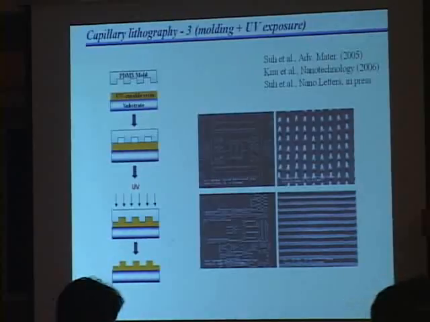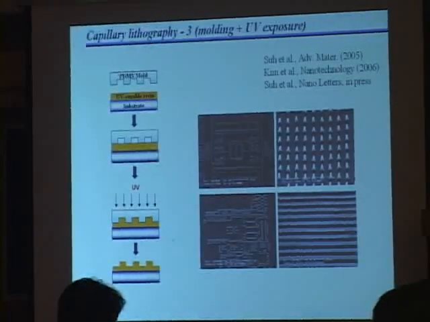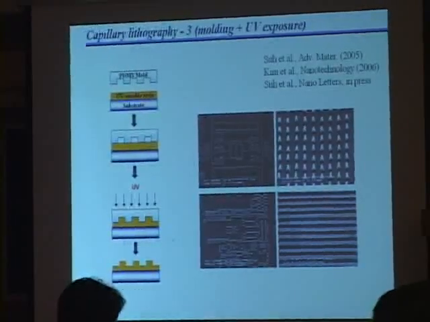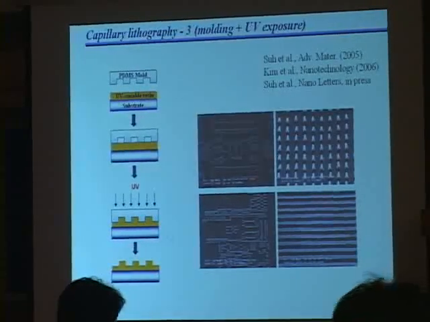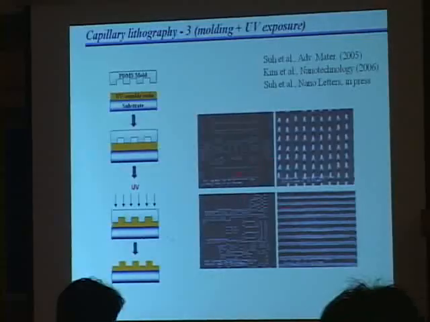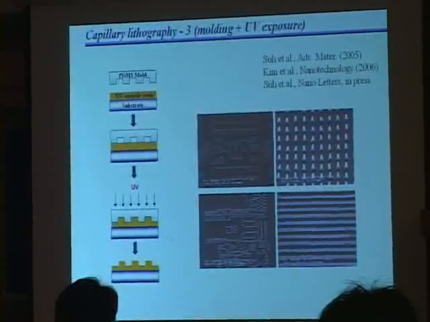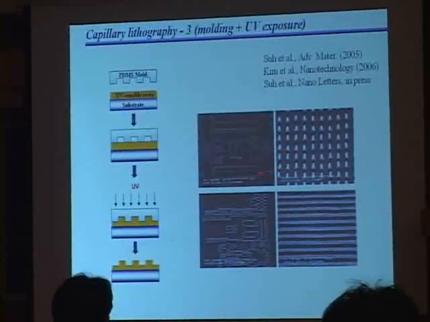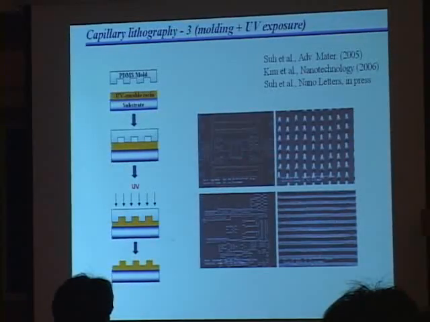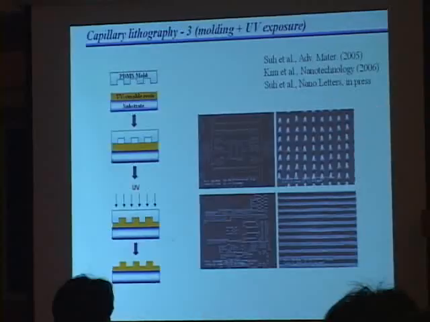In this case, we are using a low-viscosity UV-curable resin, so there's no solvent involved. Generally, we can fabricate various micro and nanostructures in one step. Some papers are presented here.